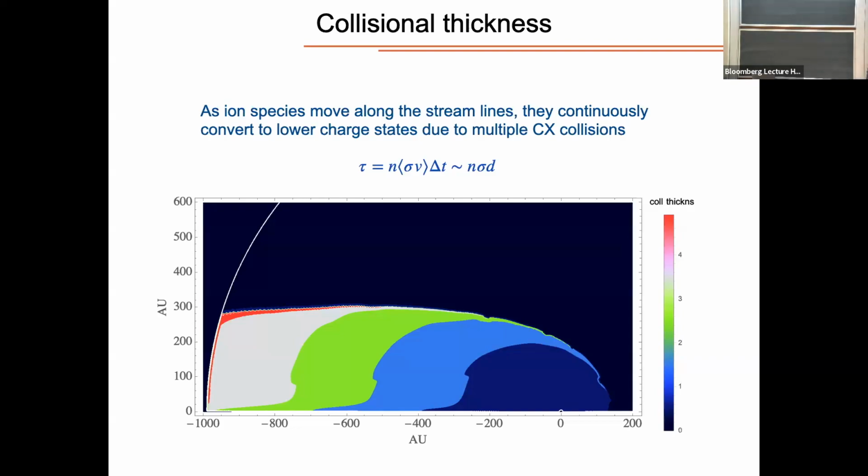That's collisional depth of 1, collisional depth of 2, 3, 4. So roughly you can say this distance is the mean free path due to charge exchange collisions, and it's roughly 100 to 150 AU. So whatever you put here, oxygen 8 plus, for example, becomes oxygen 7 plus here, oxygen 6 plus, oxygen 5 plus.